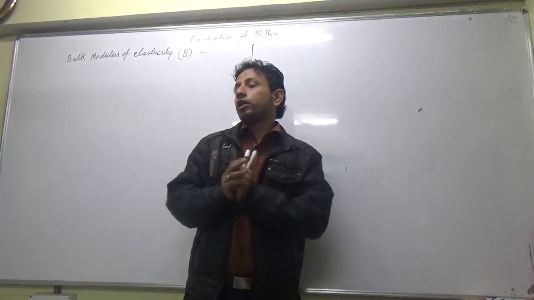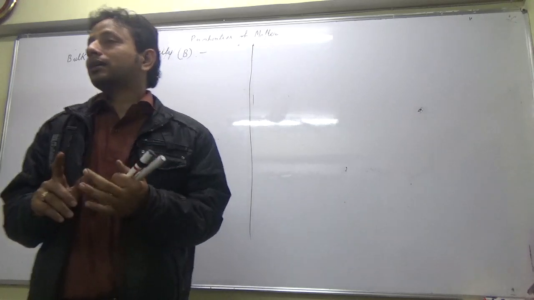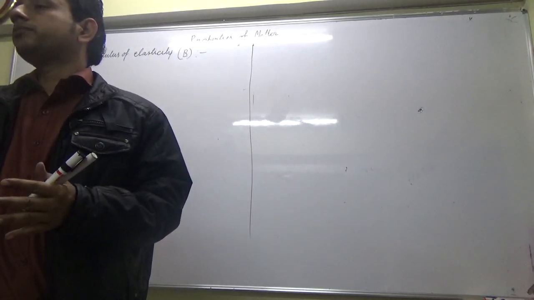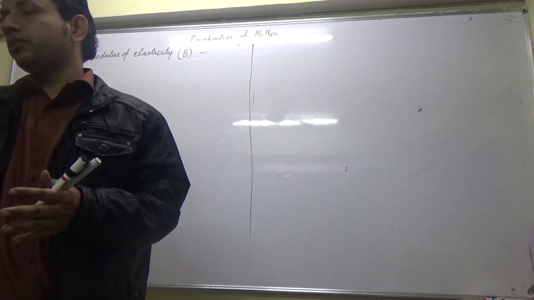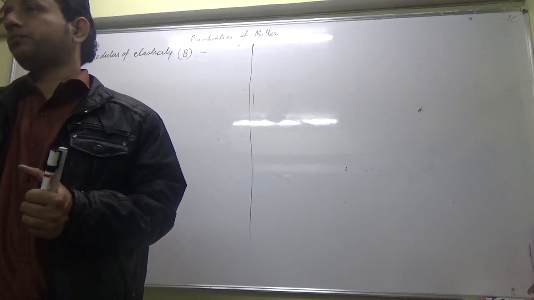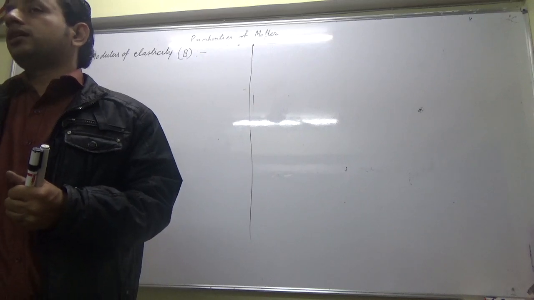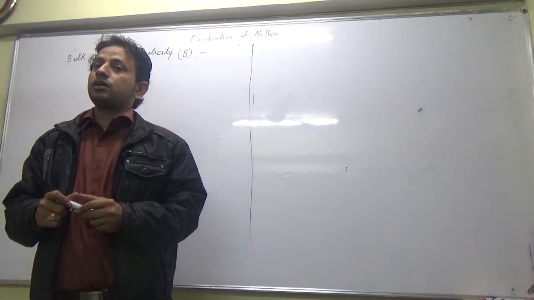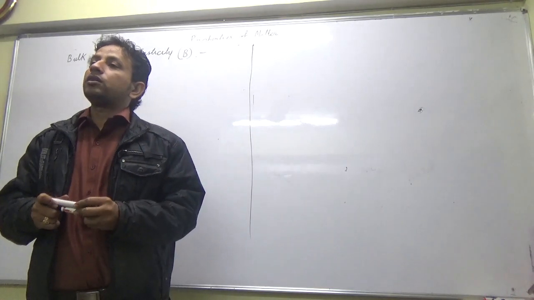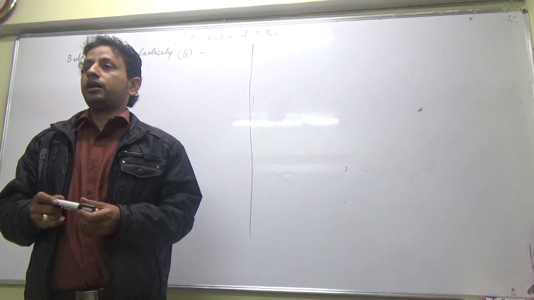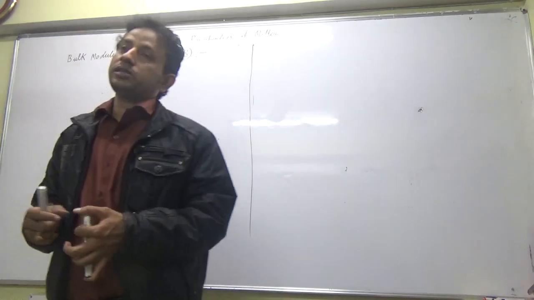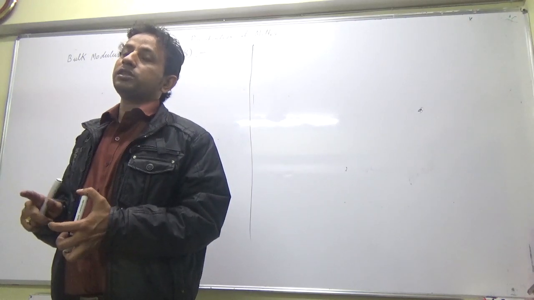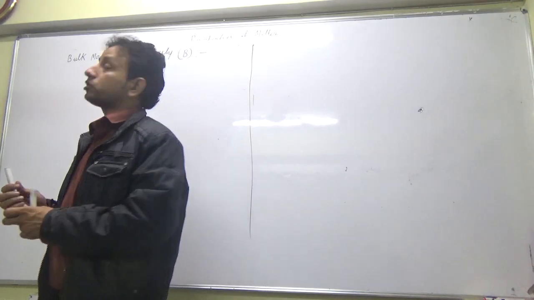See, what is bulk modulus of elasticity? We had considered that there is a pressure, also called pressure stress, which is generally due to liquids or fluids, and there is something called volume strain. If you take the ratio of pressure stress by volume strain, then it is called bulk modulus of elasticity.